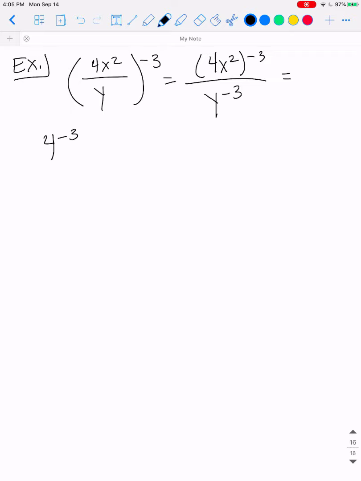So this is 4 to the -3, and then we have x squared to the -3, keeping the y. Okay, so let's look at the x squared. We're distributing the -3 to the squared, which means that we're multiplying the exponents.